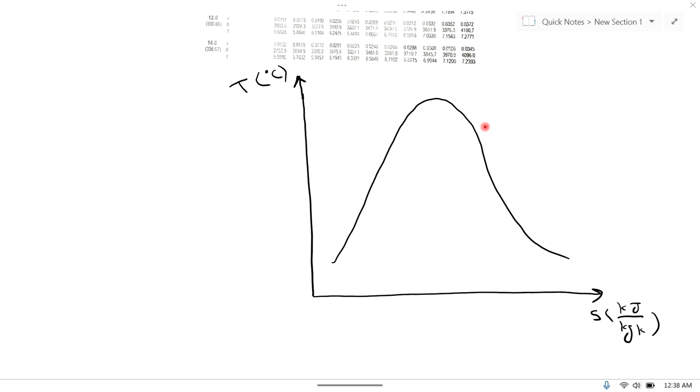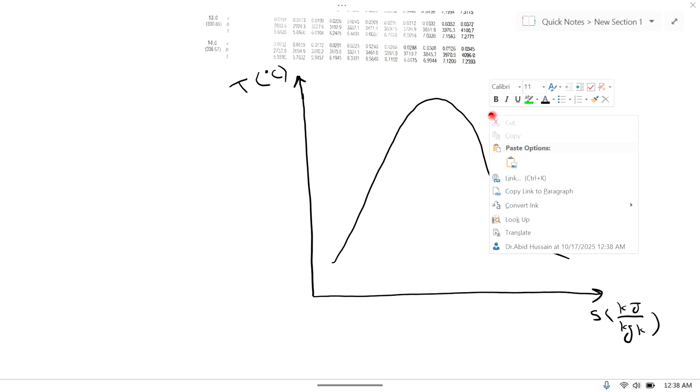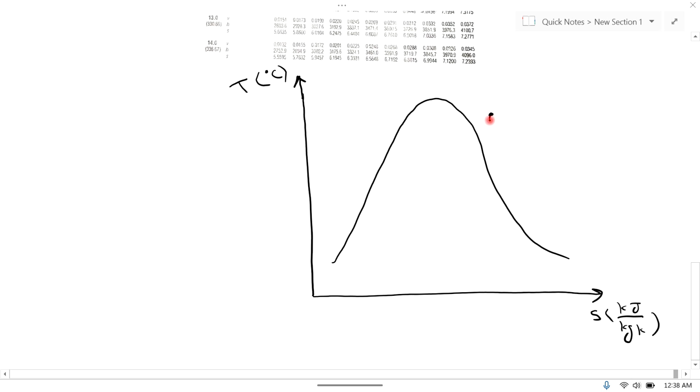this is the turbine. First I am drawing the turbine. This is point 1 and this is point 2s. 2s means the ideal case, and in the real case it is something like this.